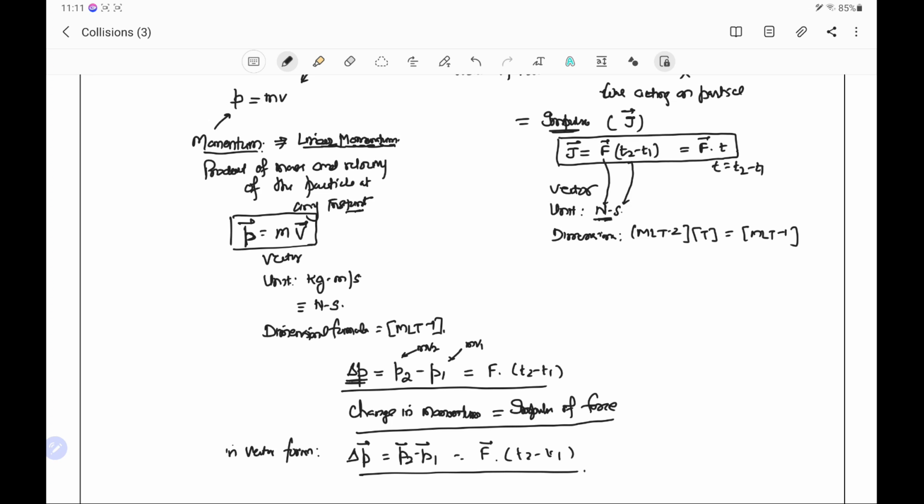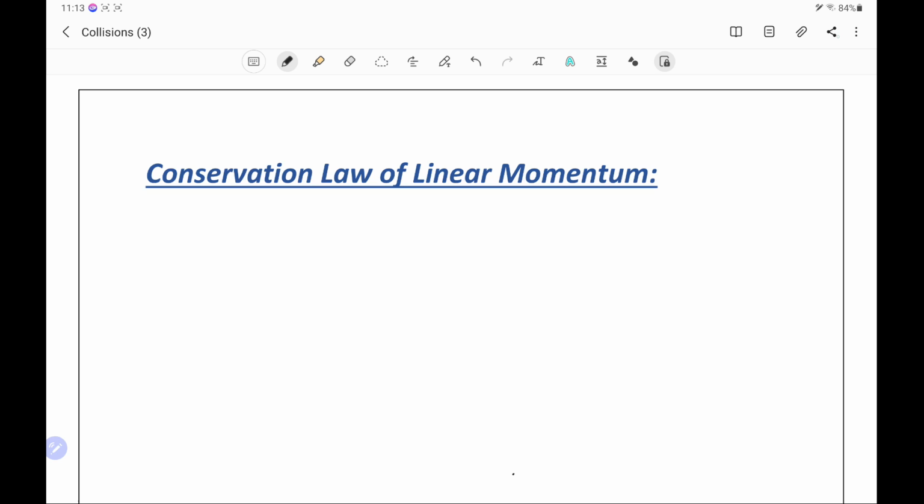Now we take the conservation law of linear momentum. Previously we have defined that momentum, and it is the linear momentum, is p equal to mass into velocity, and direction of momentum is same as the direction of velocity.